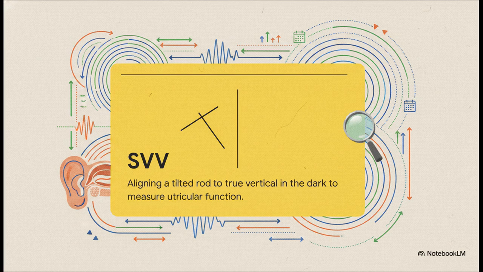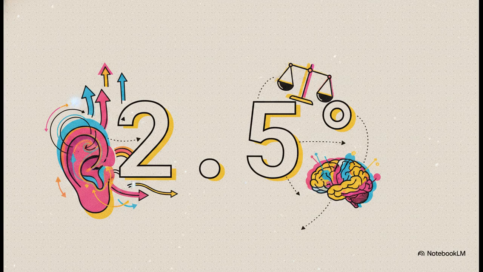It perfectly complements the oVEMP by measuring utricular function, and the best part? It lets you track their weekly rehab recovery right there in the clinic. No expensive equipment required. The magic number you need to remember here is 2.5 degrees. A deviation of over 2.5 degrees from true vertical practically confirms utricular asymmetry. It is a brilliant, fast way to quantify exactly what your patient's brain is perceiving.